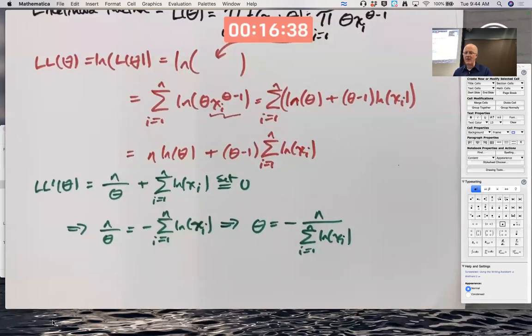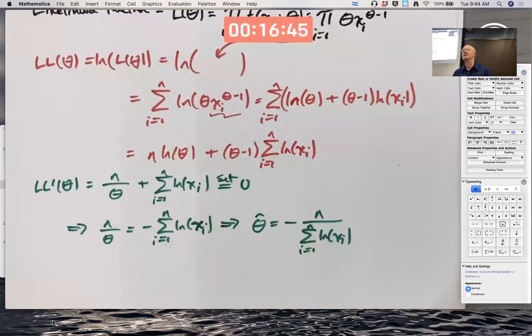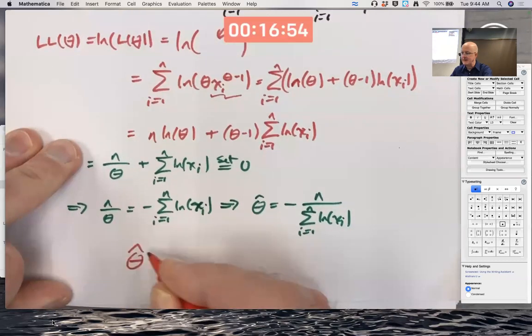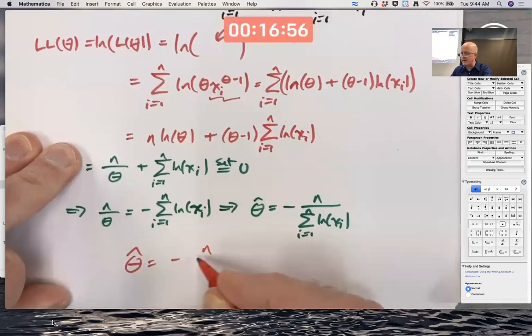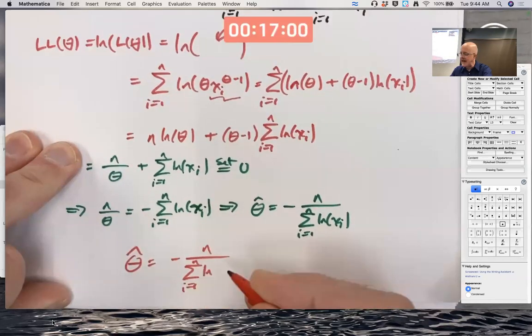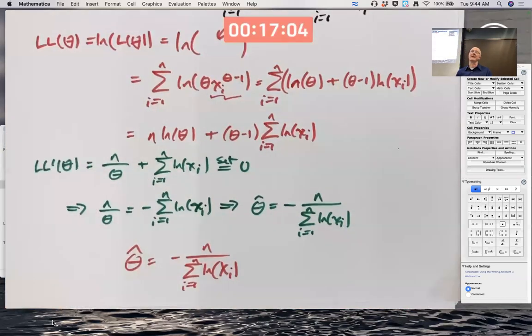I could call it theta hat right away, although I'm using little x's, so it's more like an observed value of theta hat. As an estimator, a theoretical random variable, I could write theta hat equals -n over the summation, i goes from 1 to n, of the natural log of capital X_i. As an estimator, a theoretical estimator.